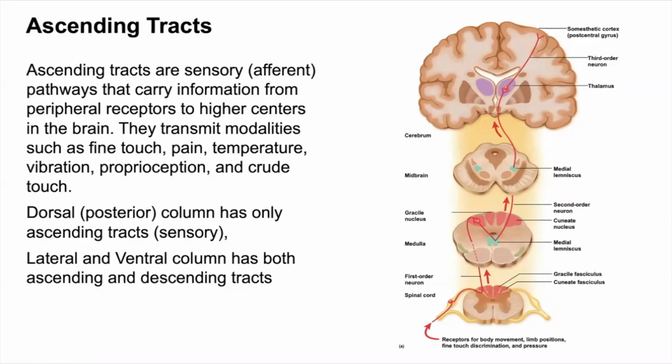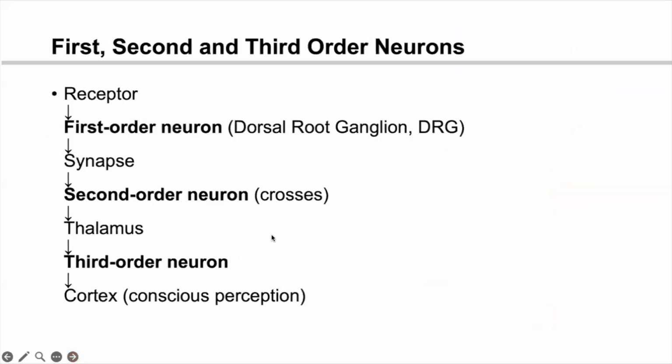There are different pathways by which different kinds of information transfer from one end of your body to the other end. How does it happen? We just learned, right? So from the receptor, which can be your skin, for example, it goes into the first order neuron, which is in the spinal cord, if you remember the dorsal root ganglion.